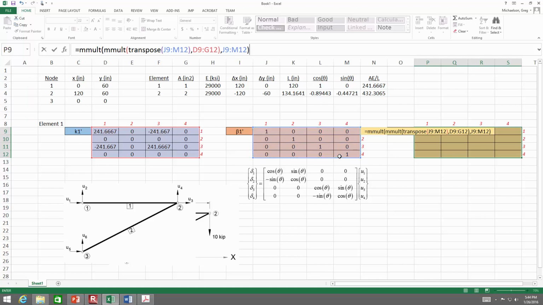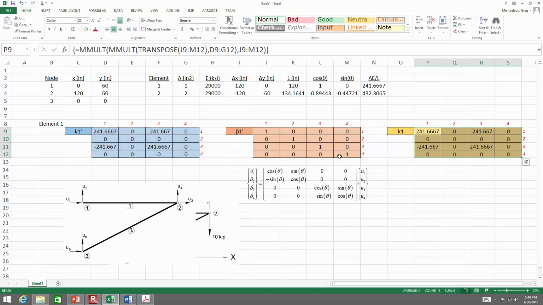I have to use 2 matrix multiplication commands. Now Control, Shift, Enter. I'm going to leave that up there so you can see what it looks like.